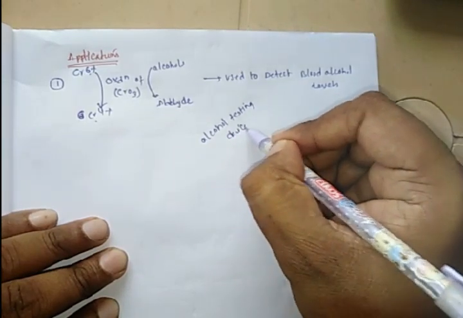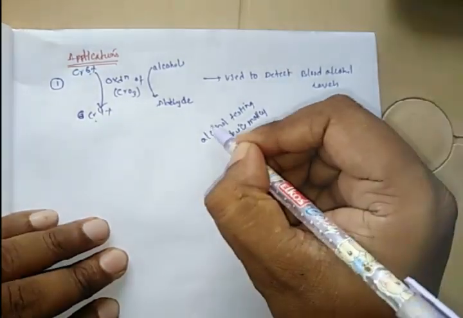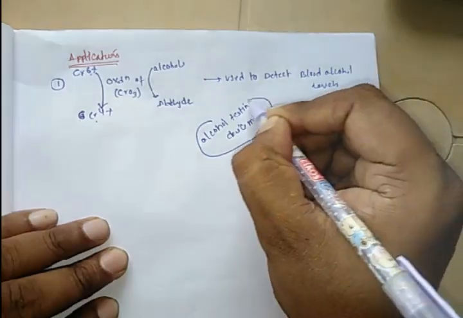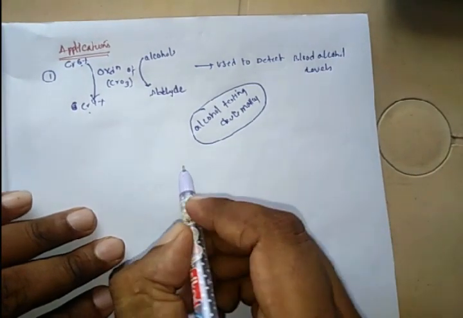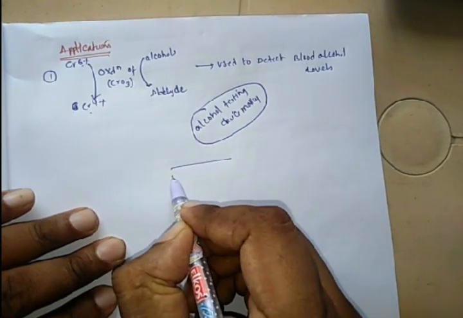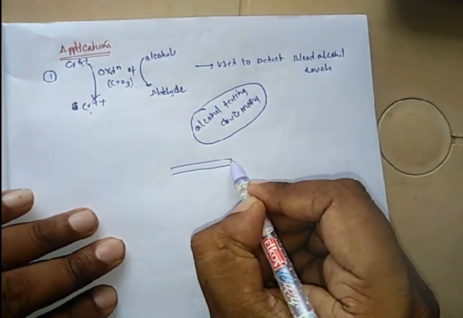This is the principal reaction involved in the alcohol testing machine. In the alcohol testing machine we have a small tube, and there will be a balloon here.